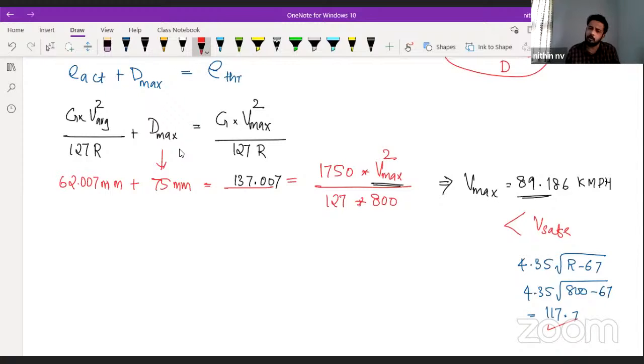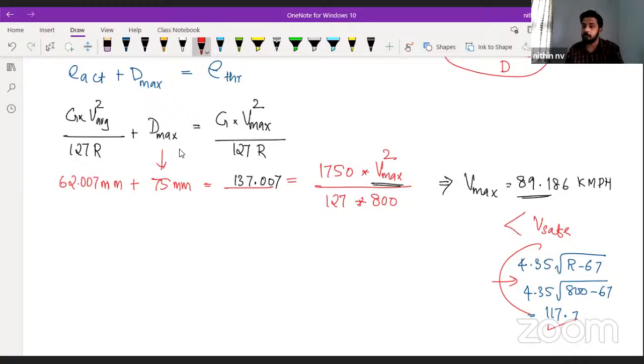But that's why I told you always, this V safe value, if you are using this equation, we are going to get a higher value compared to the Vmax value which we calculated using this particular super elevation equation. That's why this equation is now almost outdated. You can simply check it and make sure that you are getting a higher value.